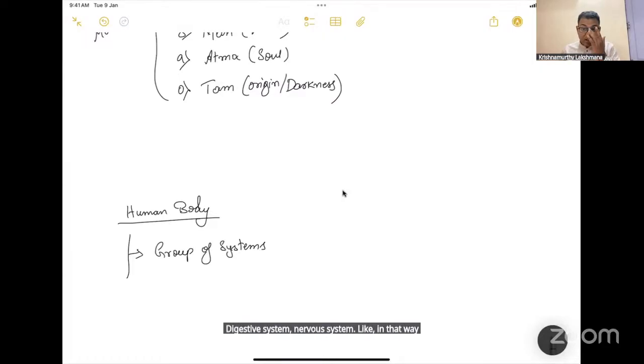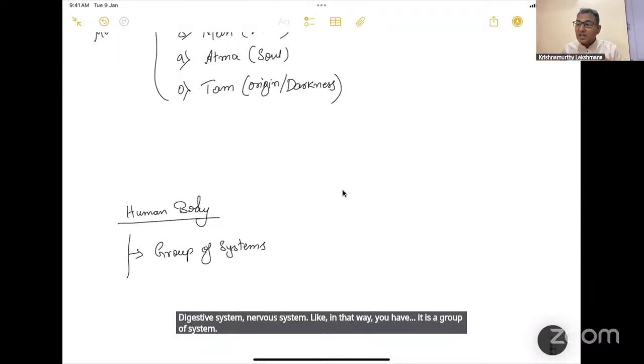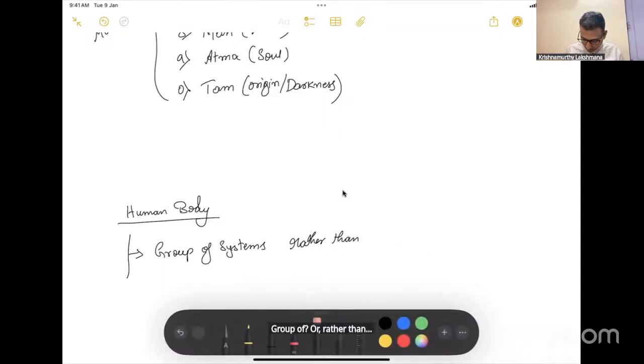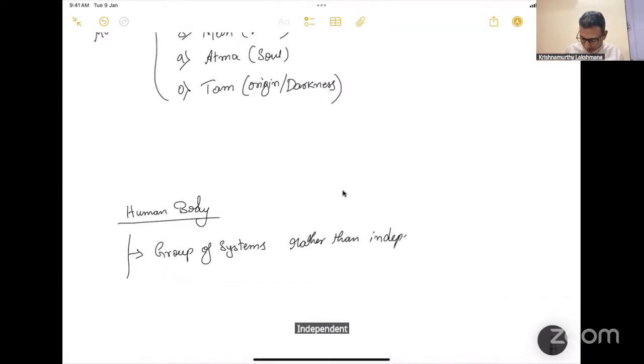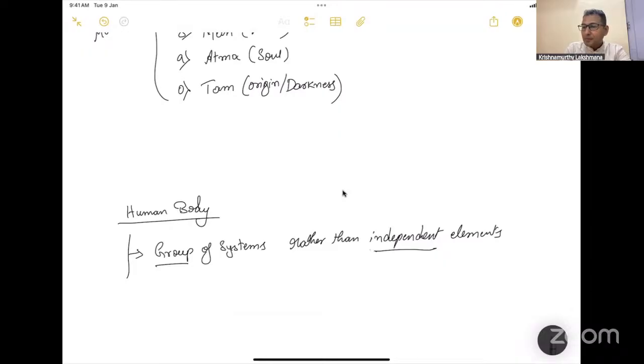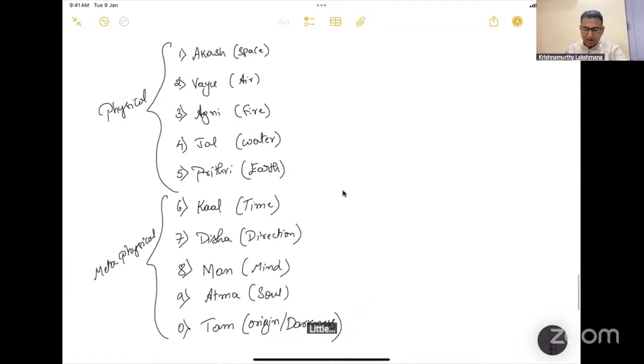Like that, it is a group of systems rather than independent elements. You don't see it as independent elements. You see it as a group. Make sense? Do you see it as independent or group? Group, sir. Group.